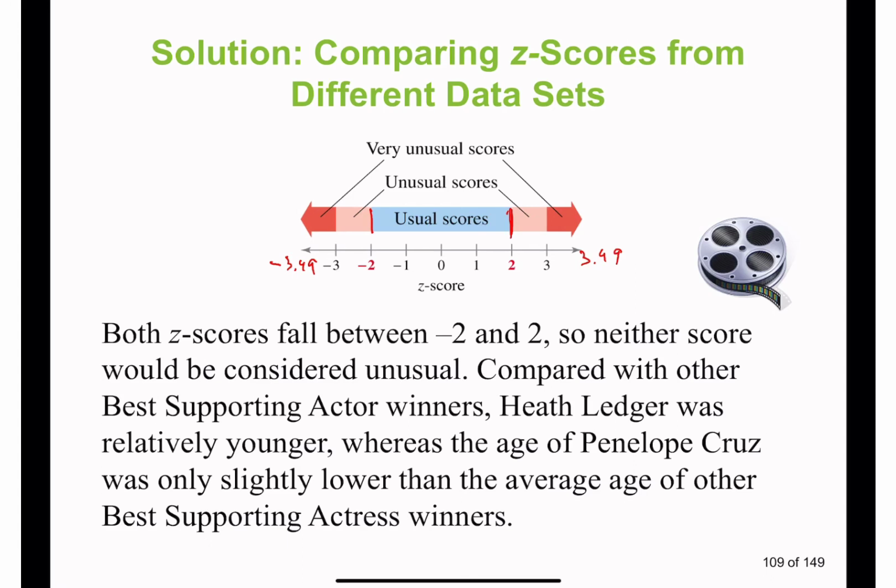Compared to the average age, they both got it a little bit younger, but that means there were people who got it at this age. Because we're comparing only to the average, it doesn't mean nobody got an Oscar at their age.